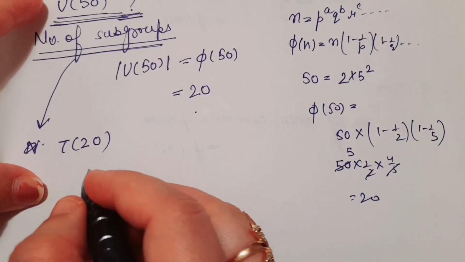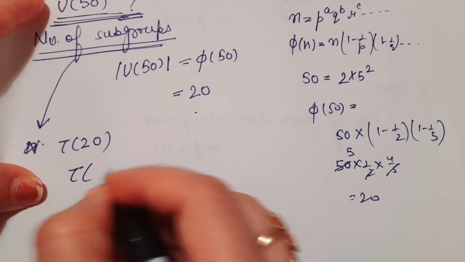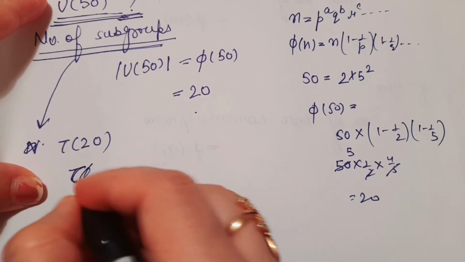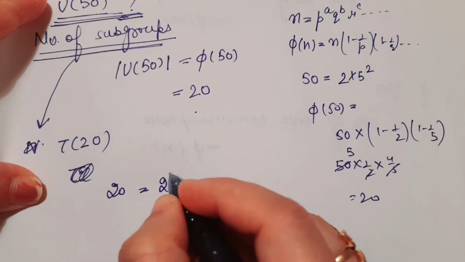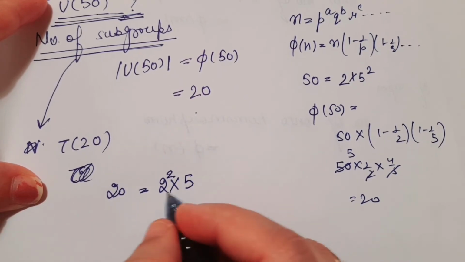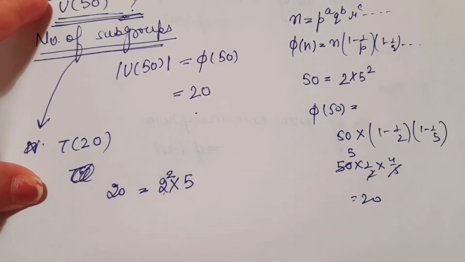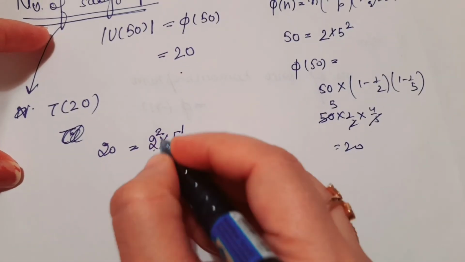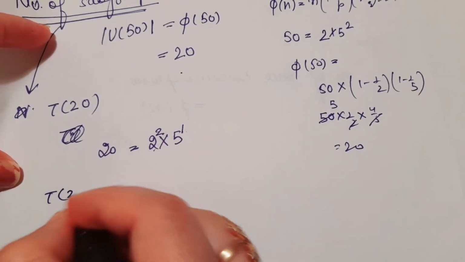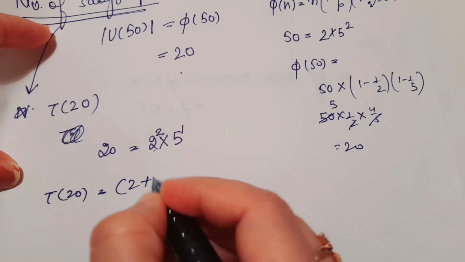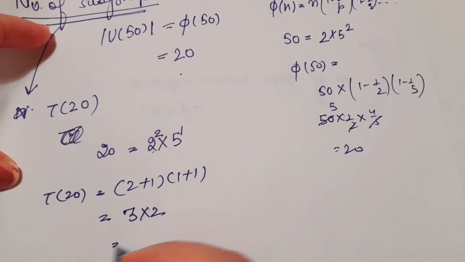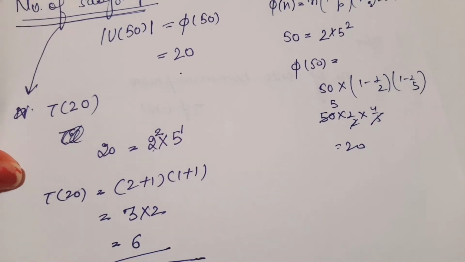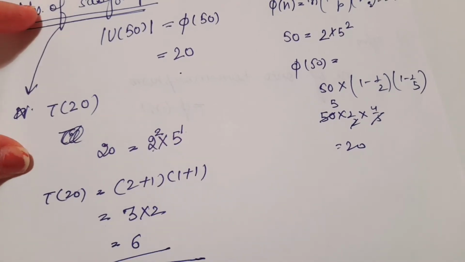You can prime factorize this 20: 2 twos are 4, 5 fives are 20. So 20 is 2 squared into 5, the powers are 2 and 1. So tau of 20 will be equal to 2 plus 1 into 1 plus 1, which is 3 into 2, that is 6. So the number of subgroups of U50 is 6.